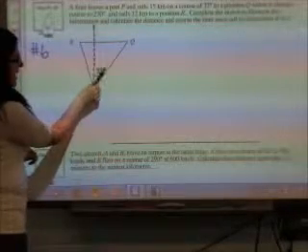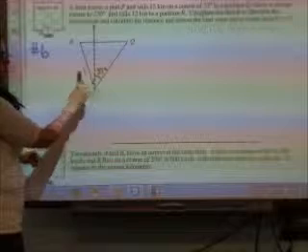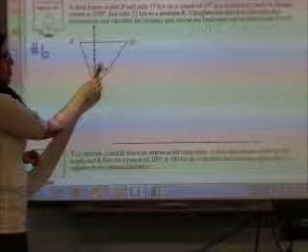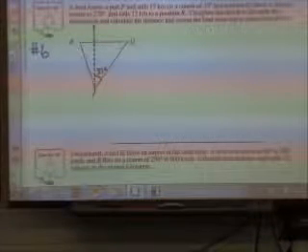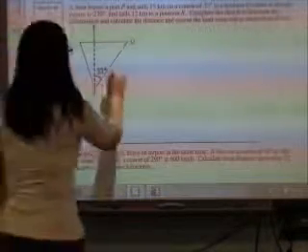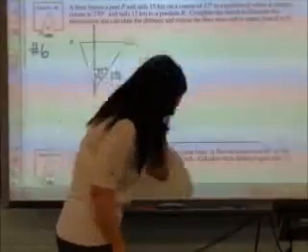This angle in here is 37 degrees. Not this little piece, not all of angle P, just this part, because I start north and I go 37 degrees. I travel 15 kilometers, and then I get to point Q.